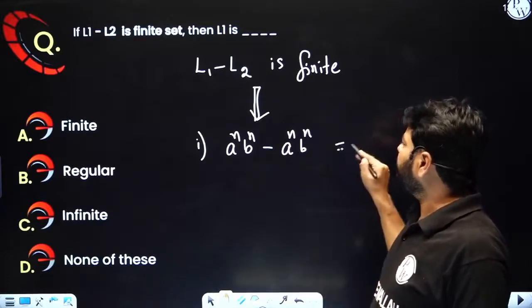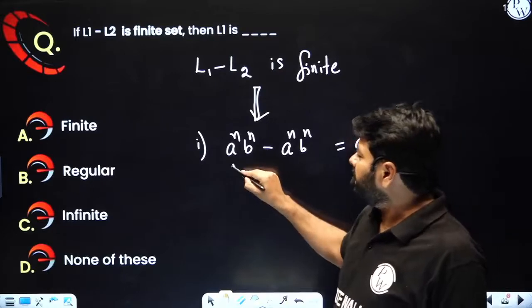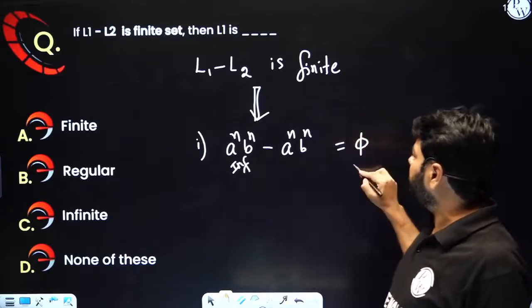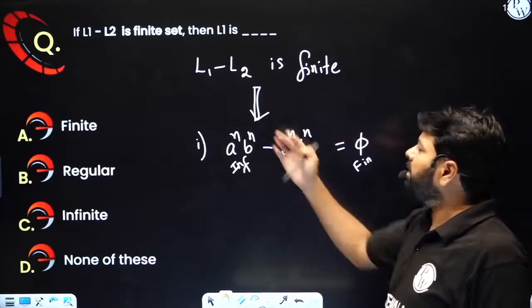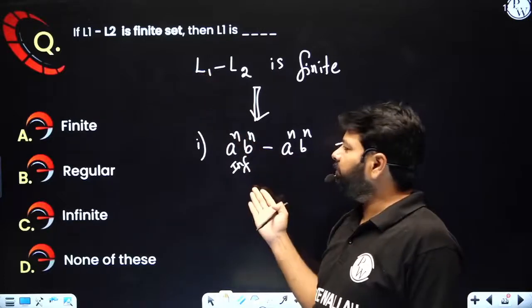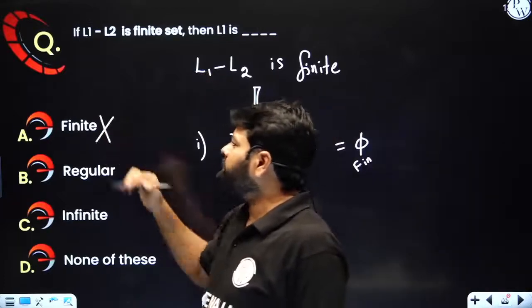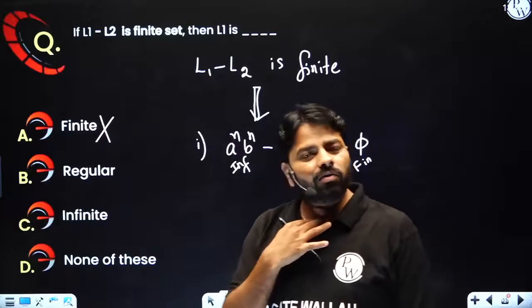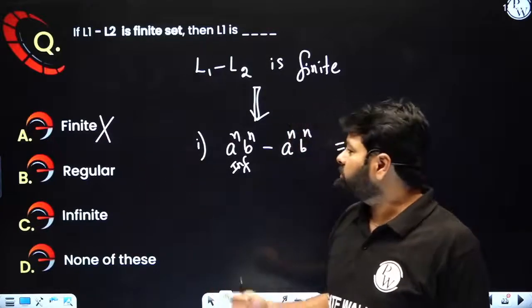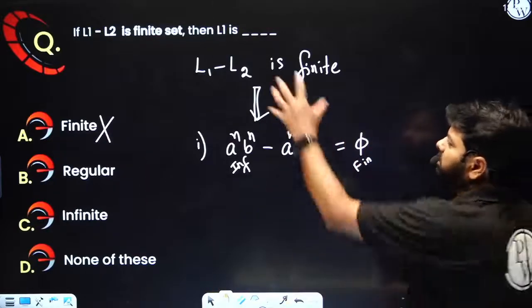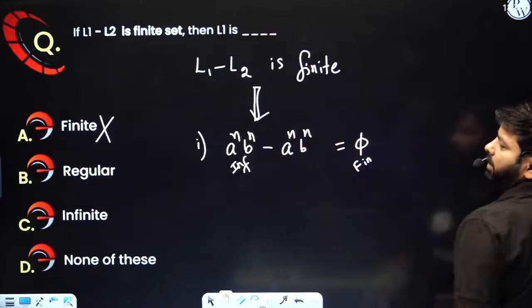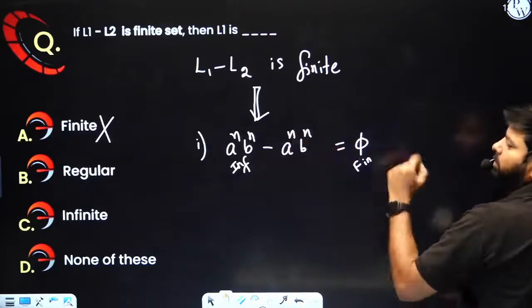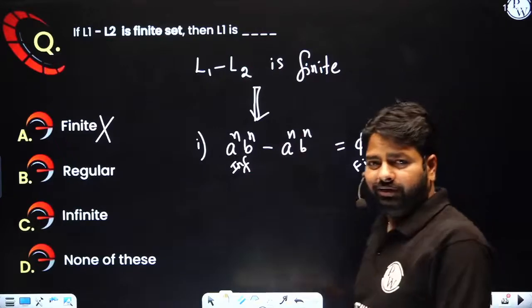Now the result is definitely empty, right? Here I took infinite, still the result is finite. So L1 may be infinite. That is the reason I am deleting option A. You cannot guarantee L1 is always finite. As I have clearly shown, my result is finite, but L1 can be infinite.